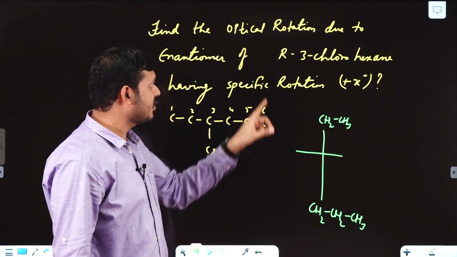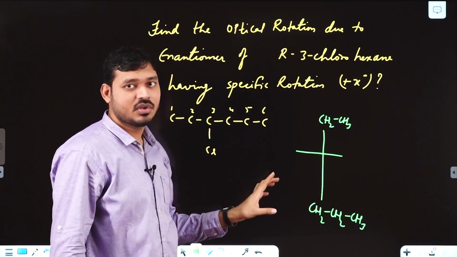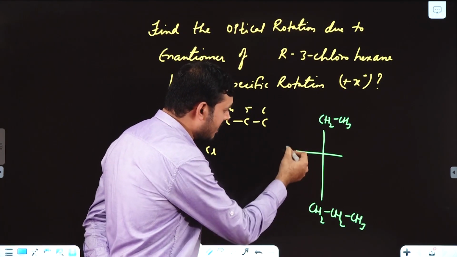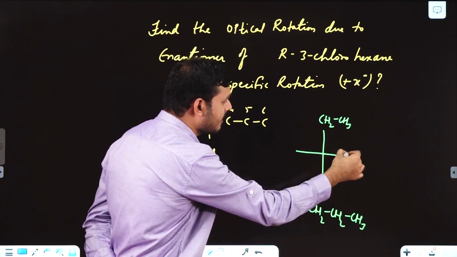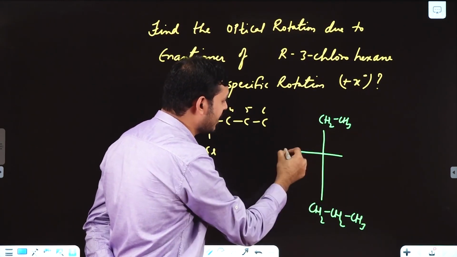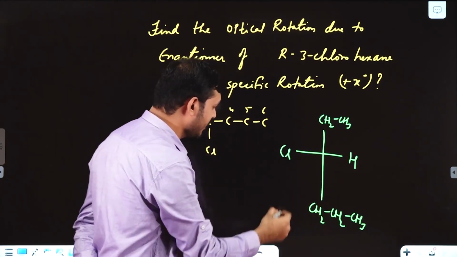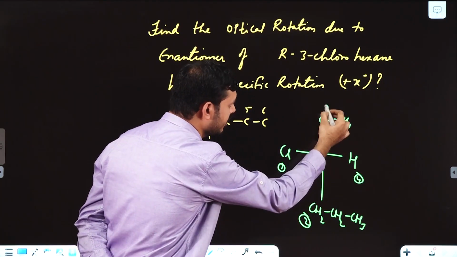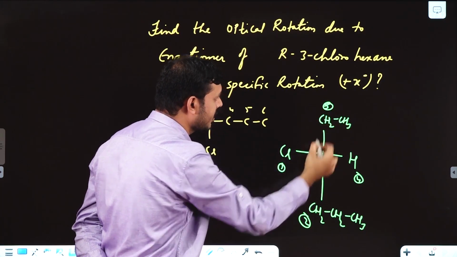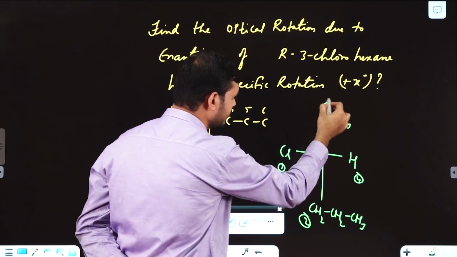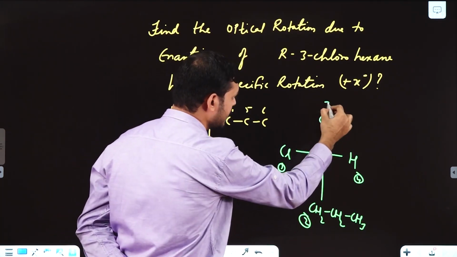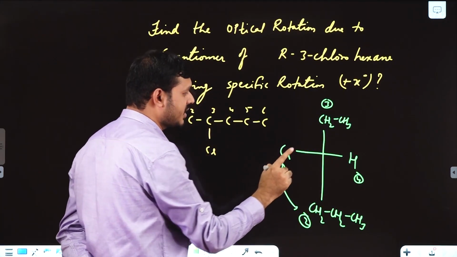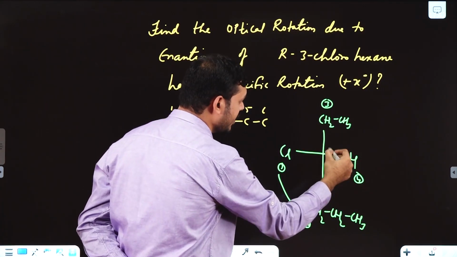So if I place chlorine here, then from chlorine towards this part it will be anti-clockwise, but hydrogen will be here, so it will be clockwise, means R. So let's place chlorine here. Now you can see 1, 2, 4, 3, right? This is third. So as per the numbering, I can say it is anti-clockwise, so configuration can be S, but hydrogen in horizontal, so it is R.